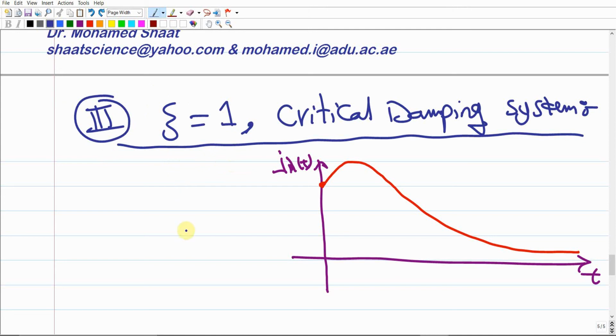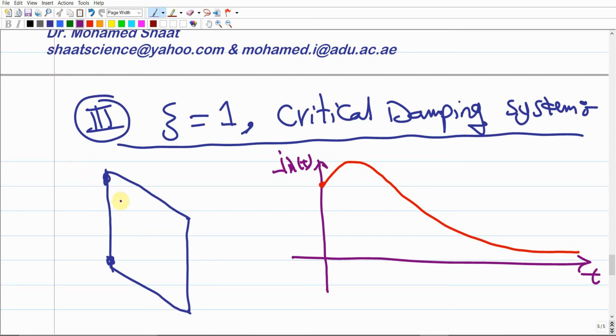A typical example of this case of xi equals 1 is the door. There are lots of doors that include a hydraulic system, like you probably have at home or even at school. Assume this is the joint of the door, and this is the door itself, and these are the different joints of the door.